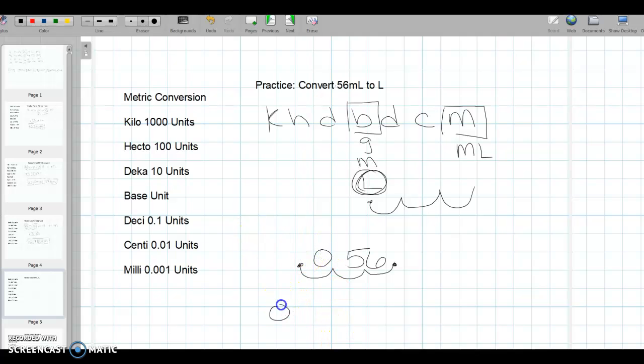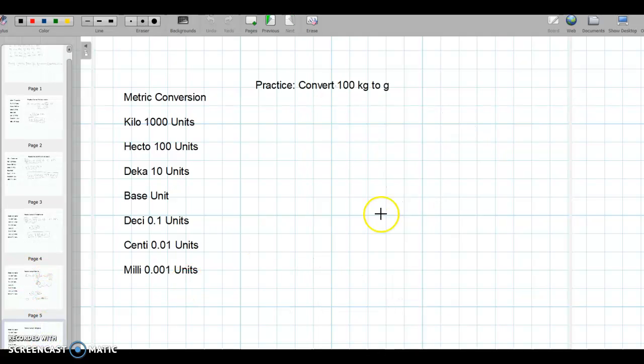So we have 0.056 milliliters. Oh, I am so sorry, liters. I did the math right, but just wrote the units wrong. All right, so 0.056 liters. All right, so let's try another example. I believe this is the last one.